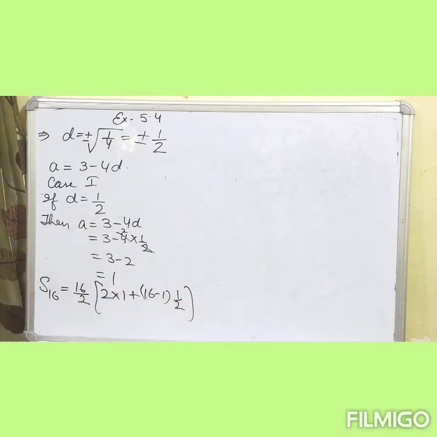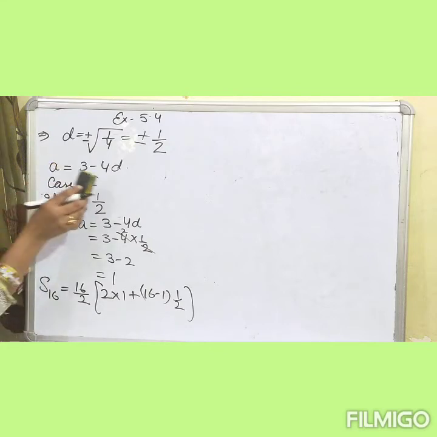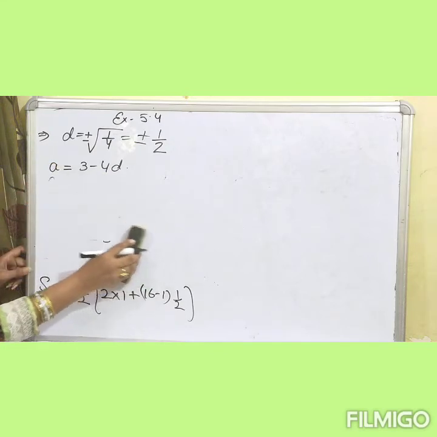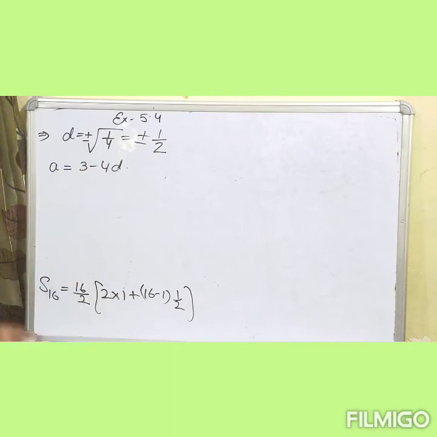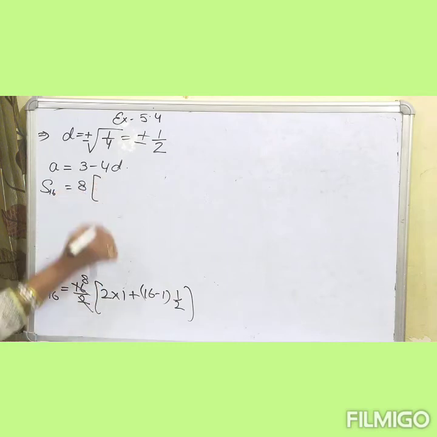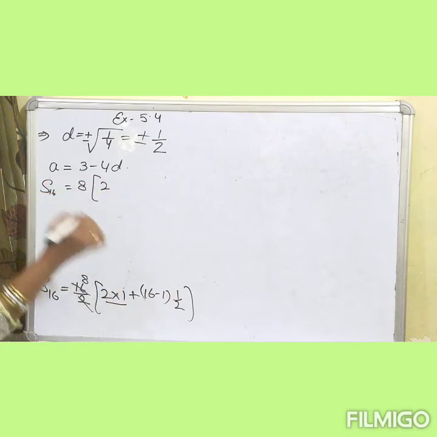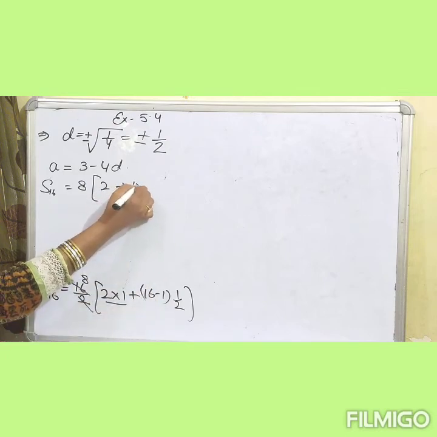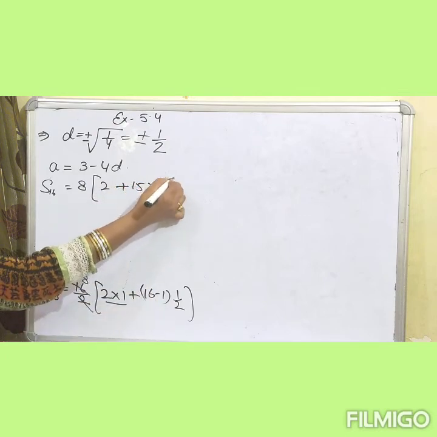So what will it be? It will be equal to 16 by 2, this will cancel out, 8, and 2 into 1 is 2, 16 minus 1 is 15 into 1 by 2.